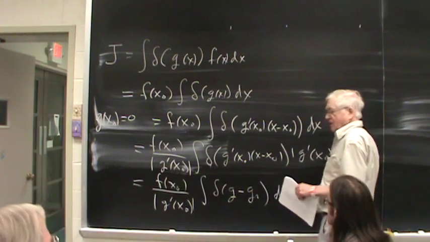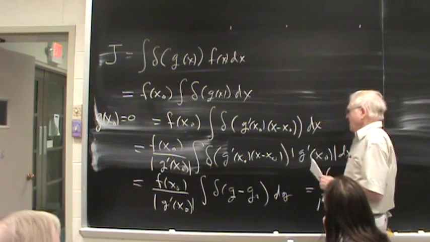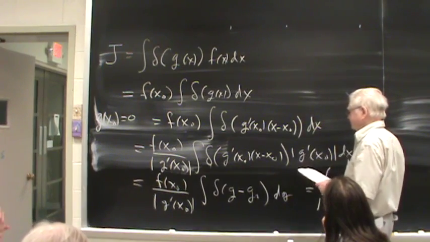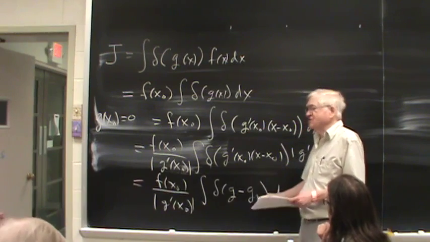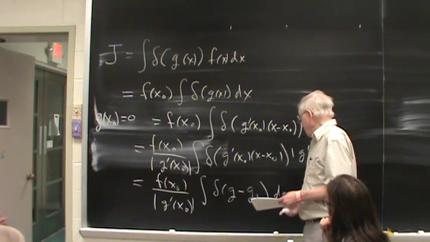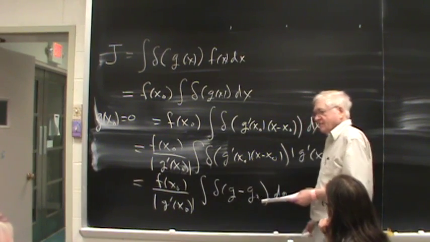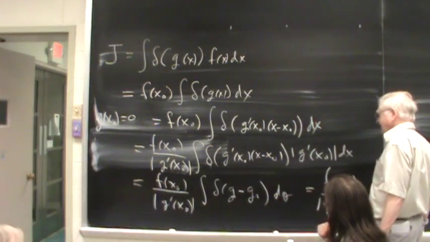Up until this point, everything is more or less clear, right? Okay. The point is that this is basically g minus g0, but g0 is 0. So effectively, it's delta g, dg.